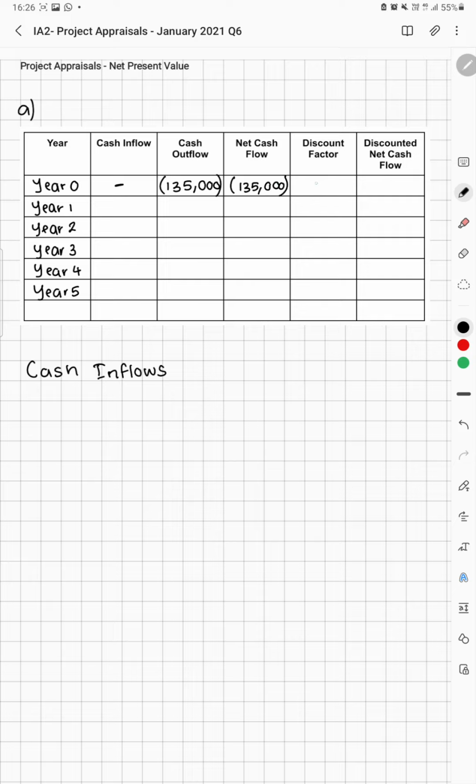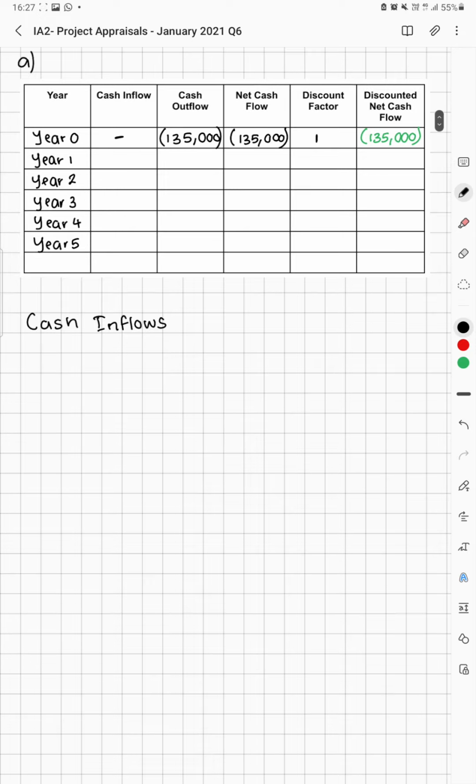The discount factor in the first year is always 1, so the discounted cash flow will be negative 135,000. Why is the discount factor always 1? Because it's year 0. The value of the money has not depreciated yet, so it will be the same value.